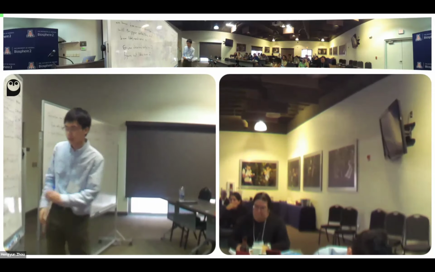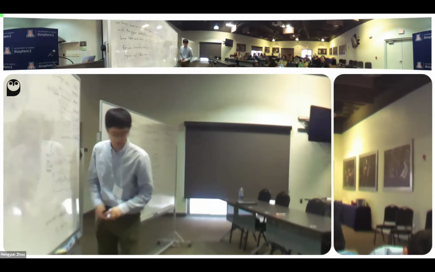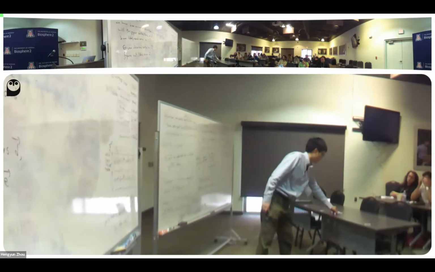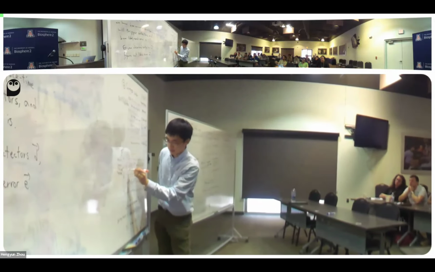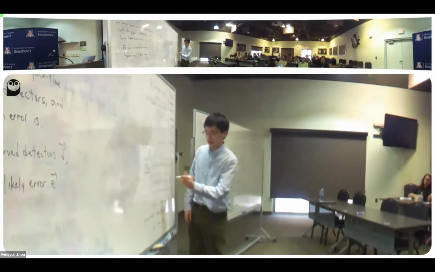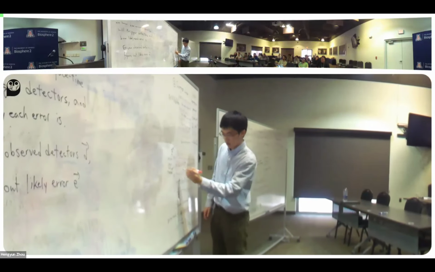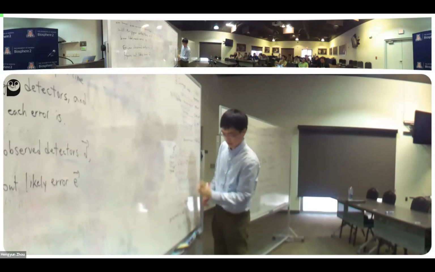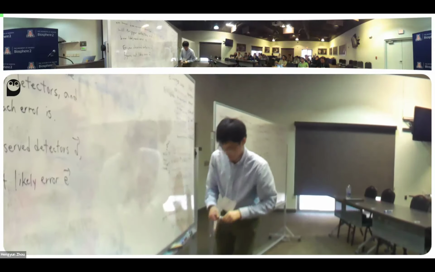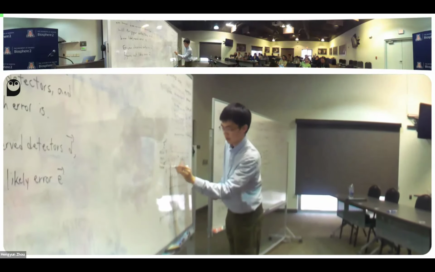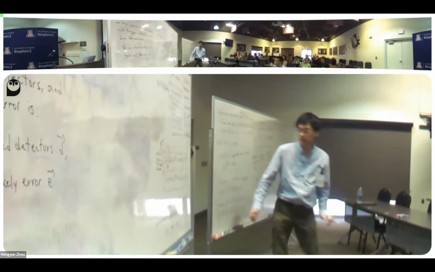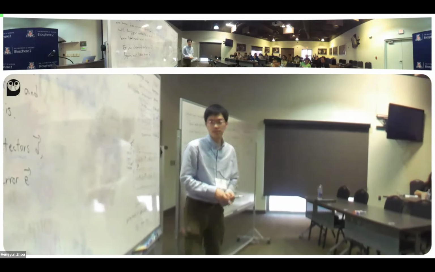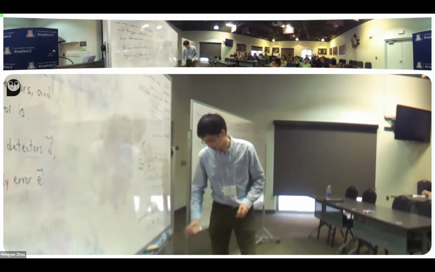So yeah, but let's say there was a Z error, and let's take a look at what will happen. So if there was a Z error here, then the Z error will actually spread through the CNOT.